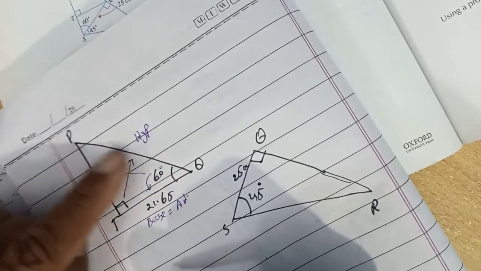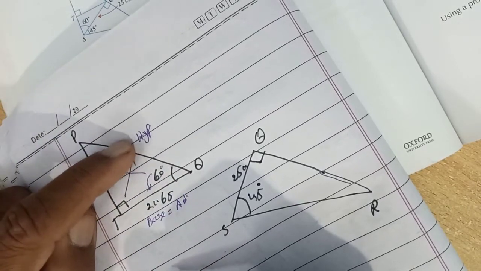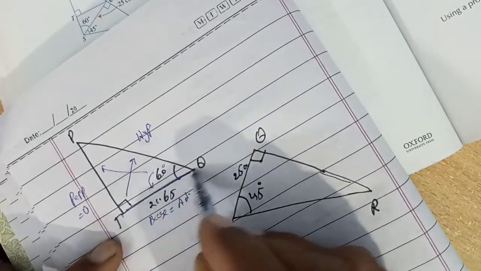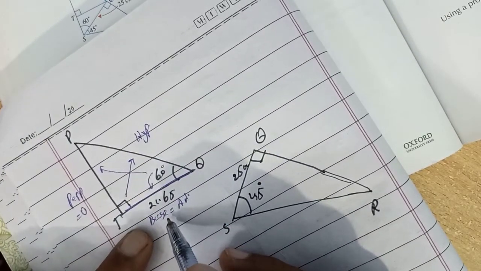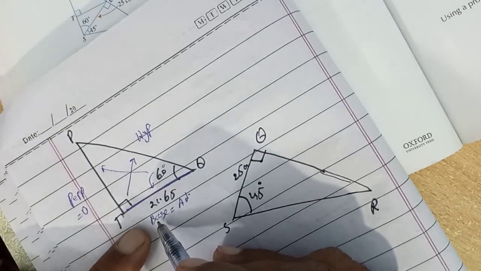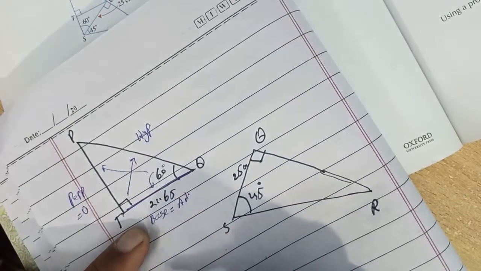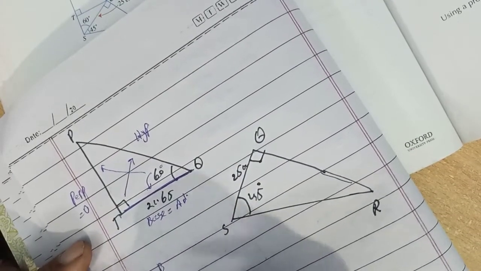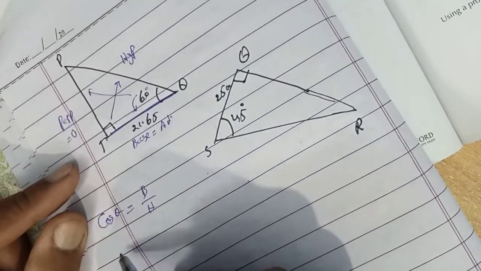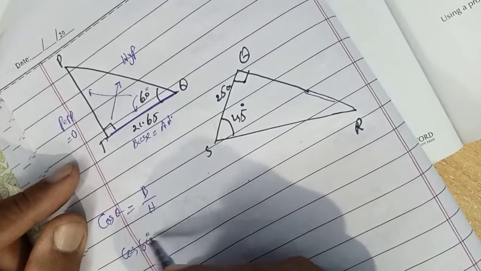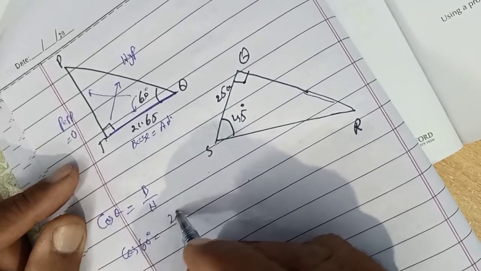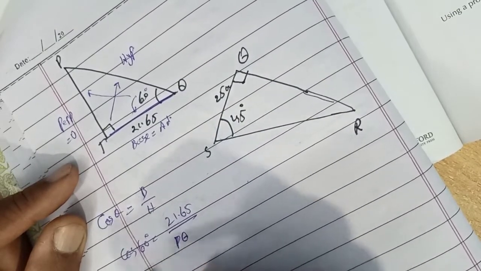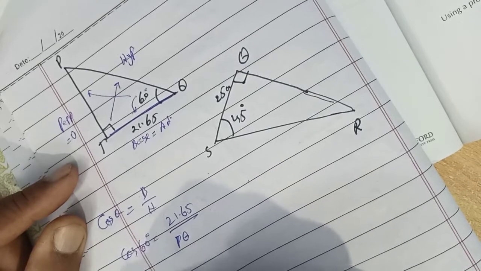It is the hypotenuse. The side whose value is given, 21.65, is the base. The ratio of base to hypotenuse is called cos theta. So cos 60. Base is 21.65, hypotenuse is PQ. Cos 60 has value 0.5.